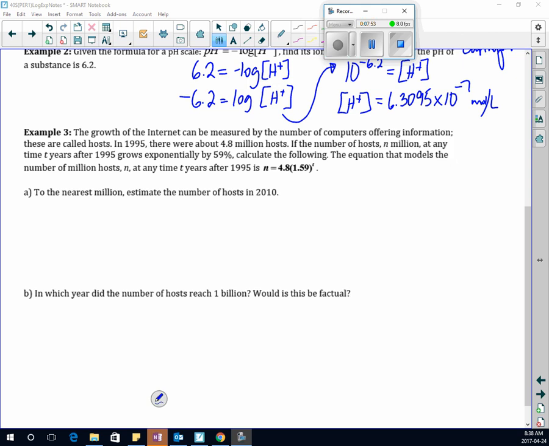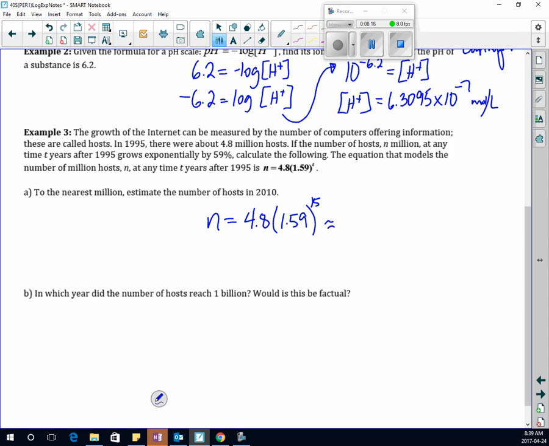If you want to find how many million would be in 2010, what are we trying to find? N. And what is my t? 15 years later? Yes? Does everybody know how to punch that in?